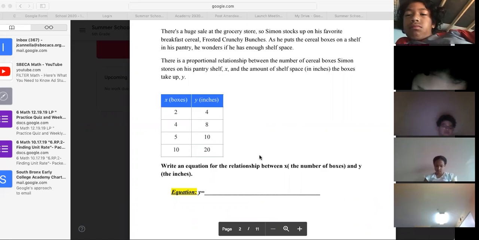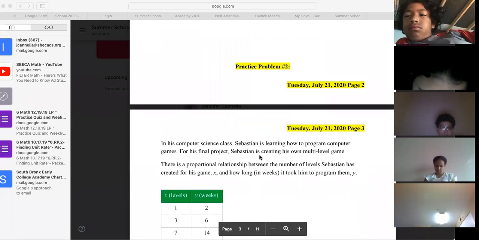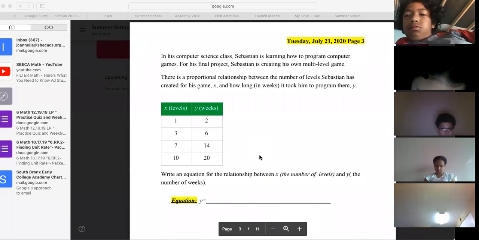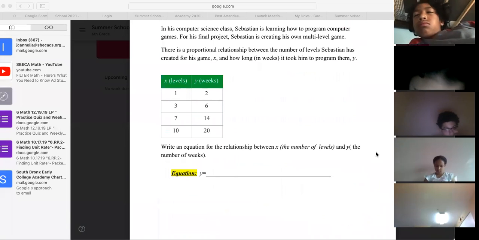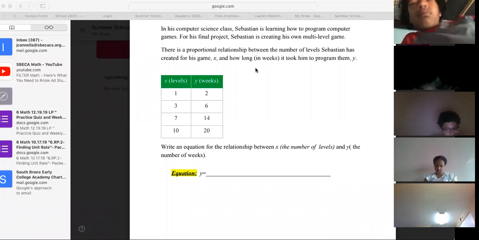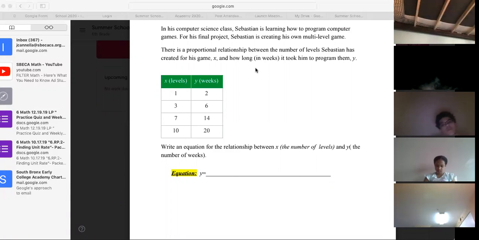Give me a moment. All right, Taris, you're going to read for me problem 2 on page 3, please. Loud and proud. In his computer science class, Sebastian is learning how to program computer games for his final project. Sebastian is creating his own multi-level game.